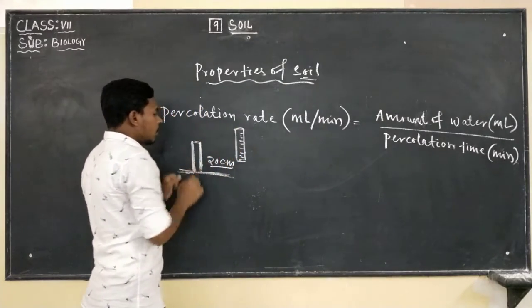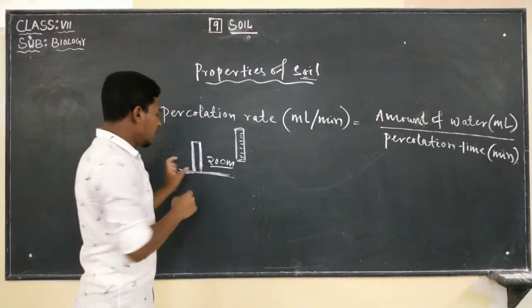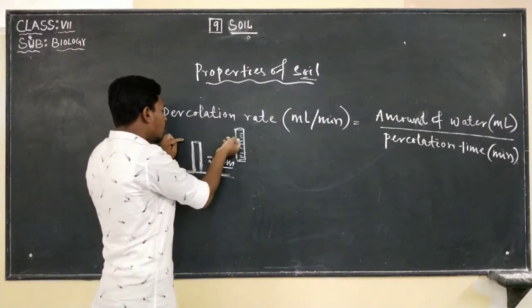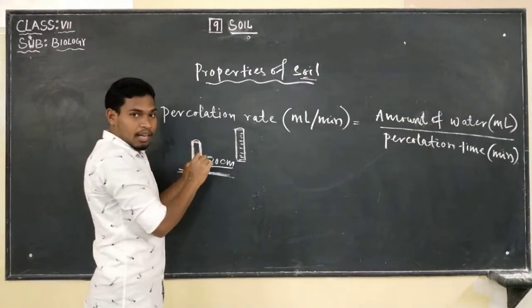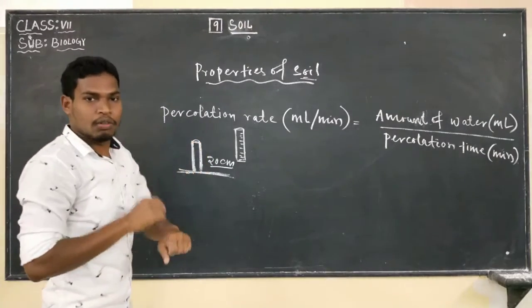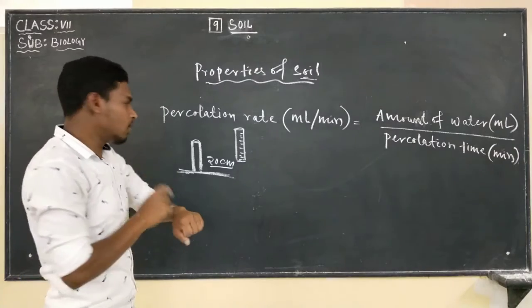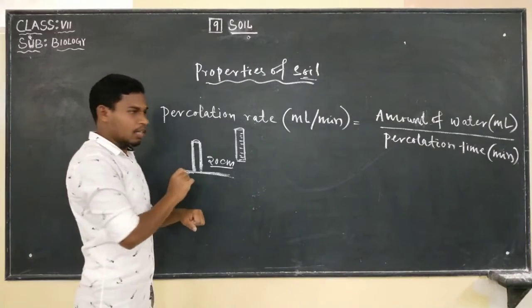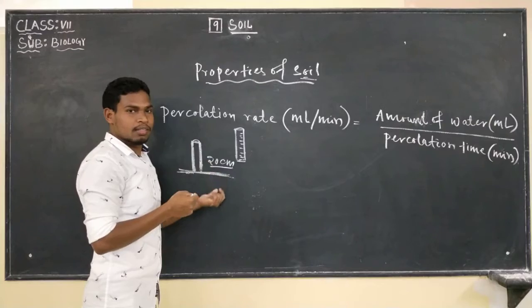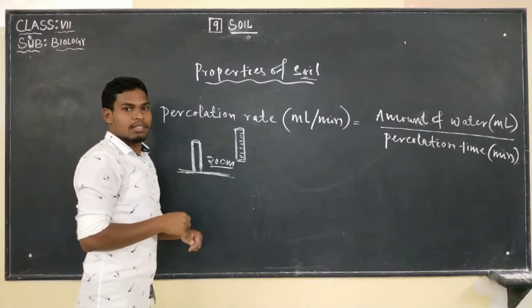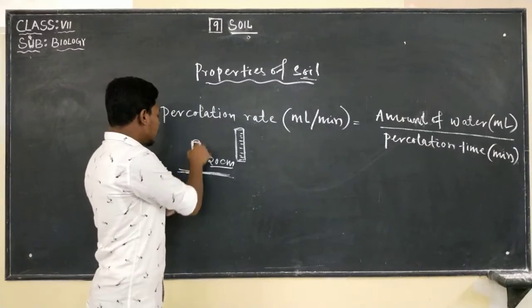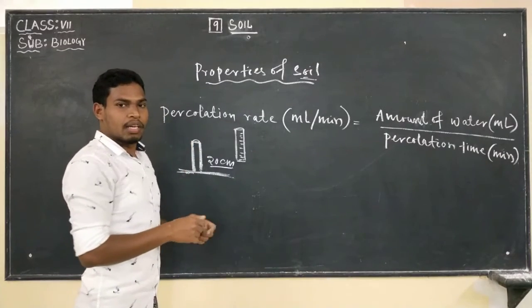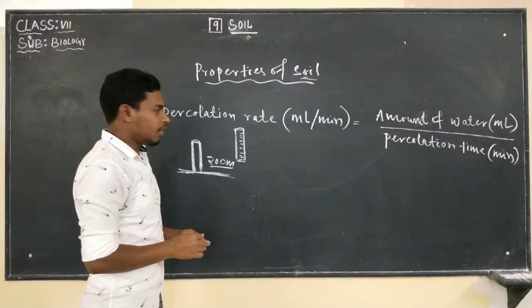When you are in sandy soil, you pour the water into this pipe-like structure, and as soon as you pour, you note down the time. That time is known as the initial time, and finally when it absorbs, that will be the final time.